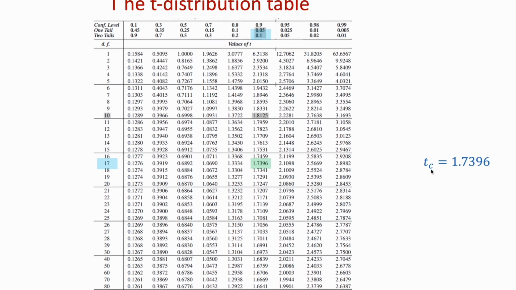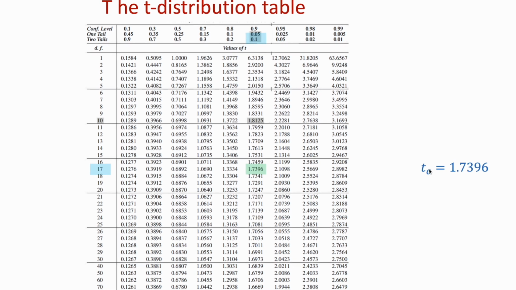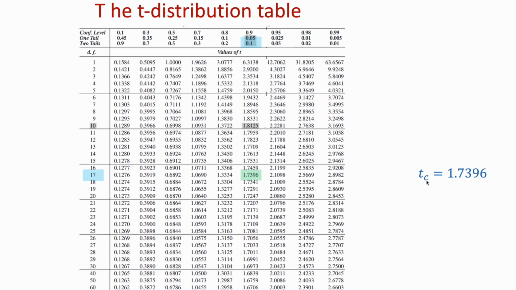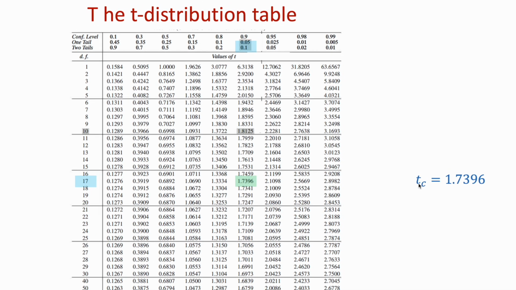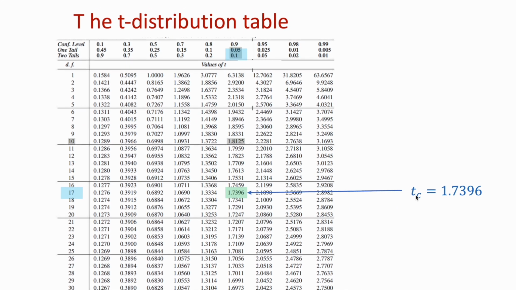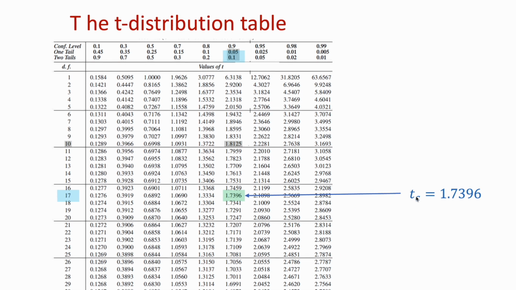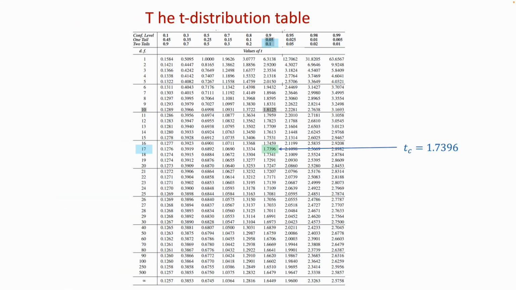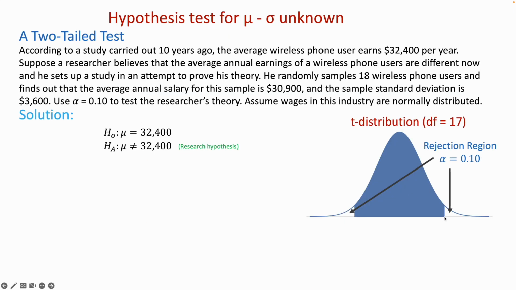I know that some textbooks call it T alpha, some T alpha half. But whatever the name, this is the critical value taken from here. This is the value that separates the acceptance region from the rejection region. So this 1.7396, if I go back to my graph, is this value here.